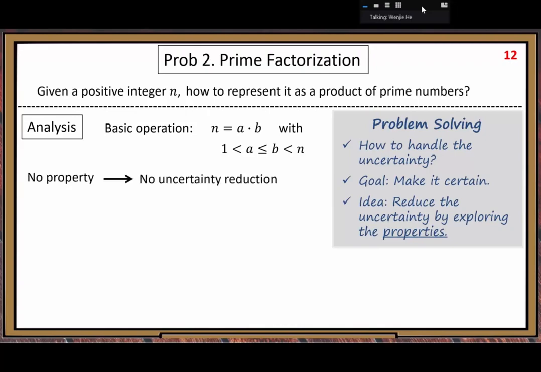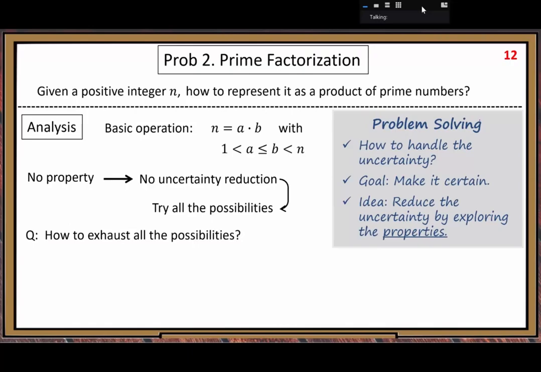Let's look at how much work we need to do without any reduction. Here we need to exhaust all the possibilities. Can we list all the possible data items to which we want to apply testing operations? So we need to do that.